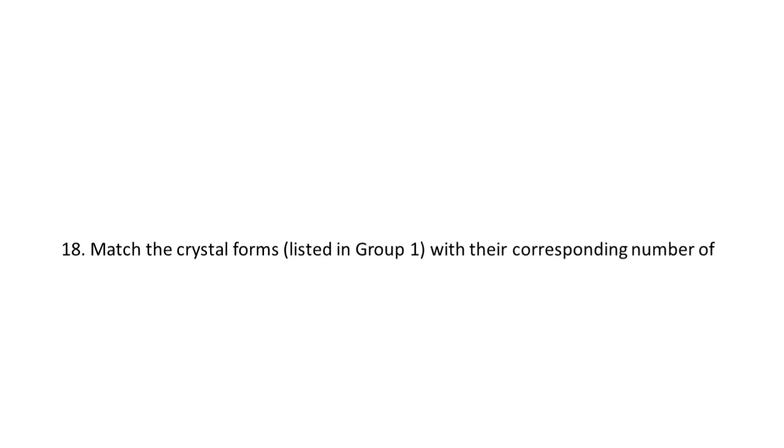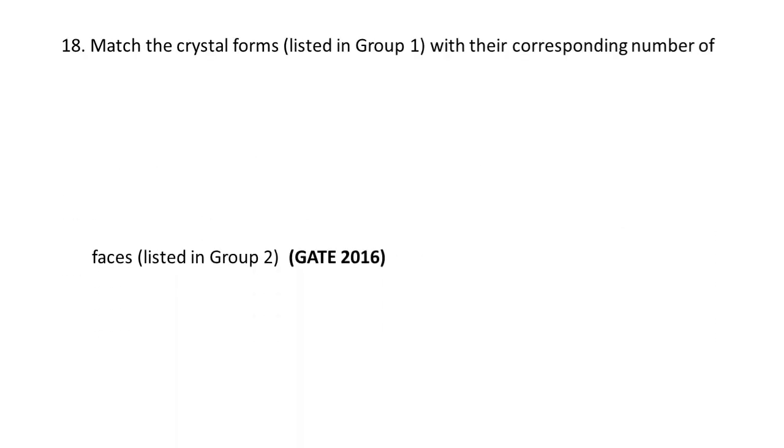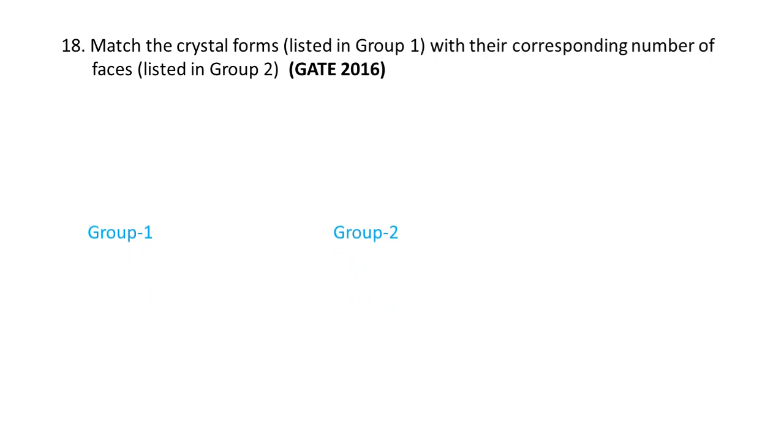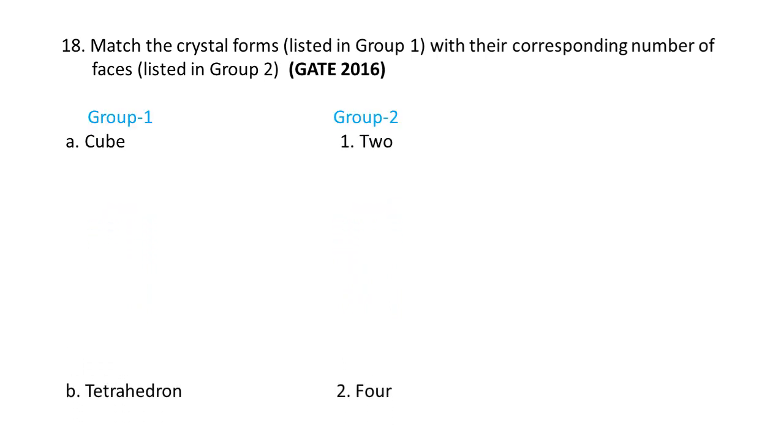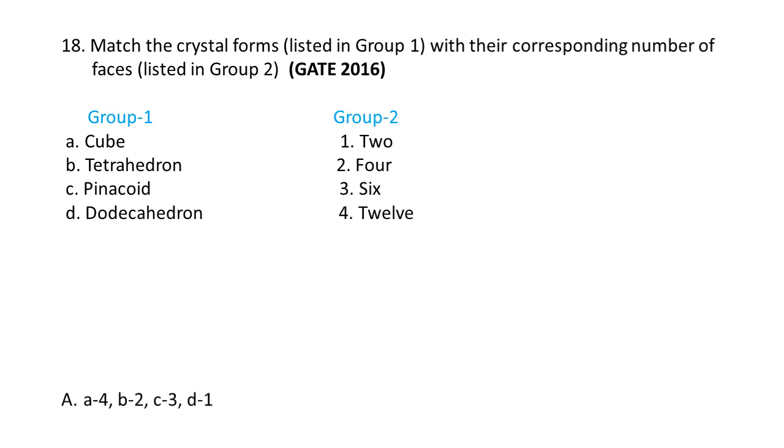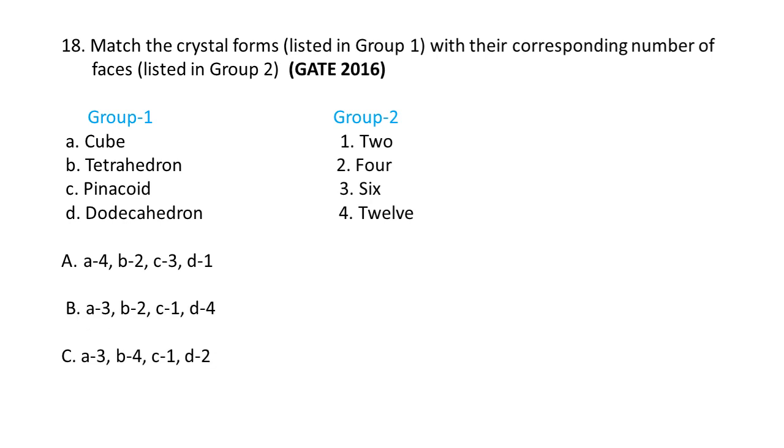Next question. Match the crystal forms listed in group 1 with their corresponding number of faces listed in group 2. In group 1, the crystal forms cube, tetrahedron, pinacoid, and dodecahedron are given. In group 2, the numbers of faces 2, 4, 6 and 12 are given. The options are A, A4, B2, C3, D1; B, A3, B2, C1, D4; C, A3, B4, C1, D2; and D, A1, B3, C4, D2.